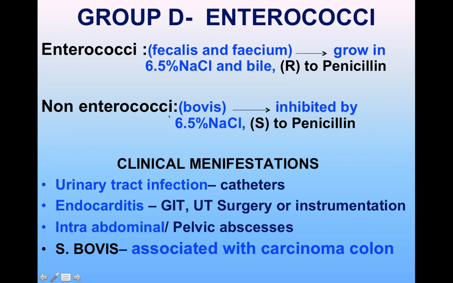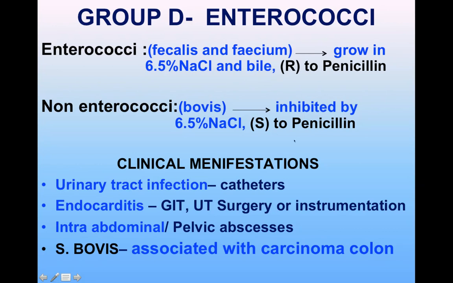Then we have non-enterococci like Bovis, which is inhibited by 6.5% sodium chloride, but it is sensitive to penicillin, which is something important. These enterococci, because they are present in the intestines, can grow in the presence of bile.